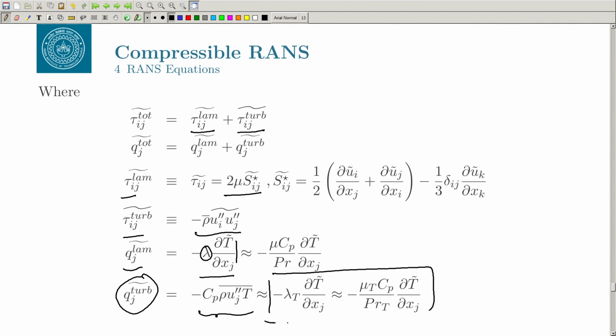We will come to this later, but ultimately what we are saying is that it is somehow related to the diffusion quantity which is happening in the viscous flow, and you can relate this entire term to a different Prandtl number or different conductivity.